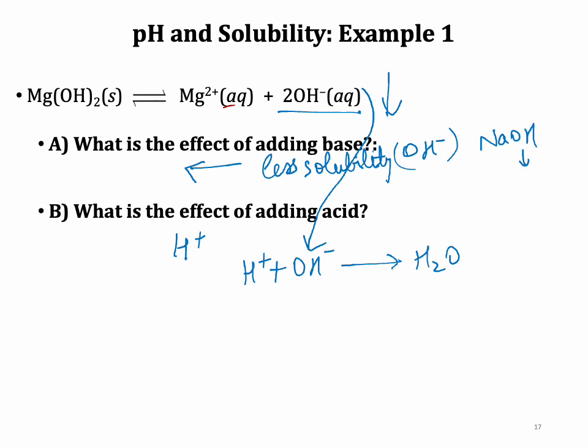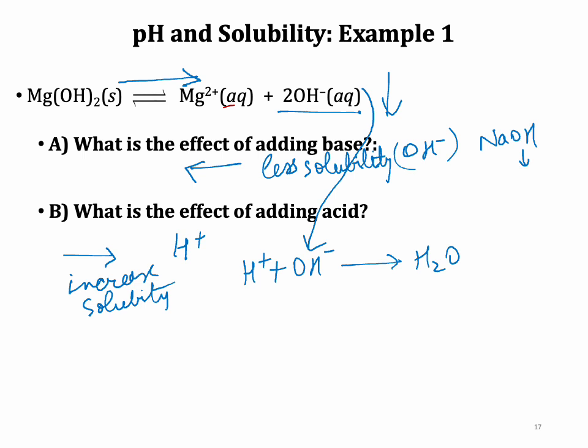External stress is reducing, the reaction will try to make more, and it will make more by shifting towards the right. So it will increase solubility, because when it goes to right, more solid will turn into ions, which means solubility is increasing.